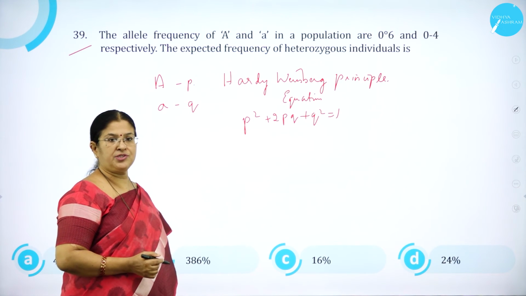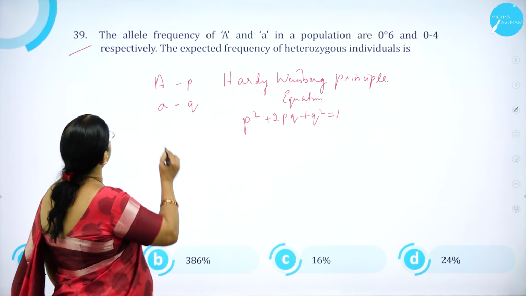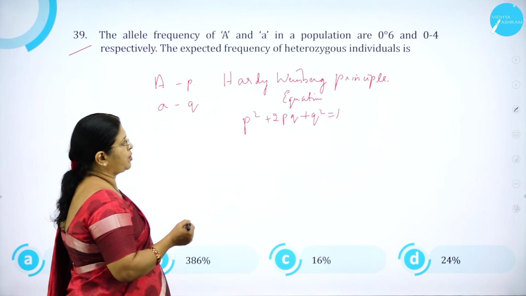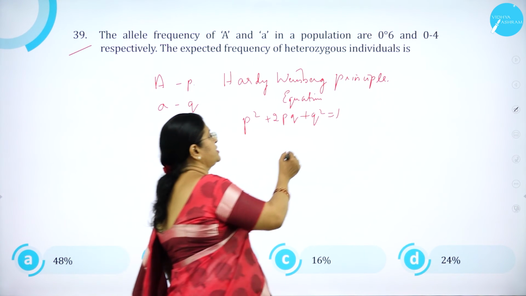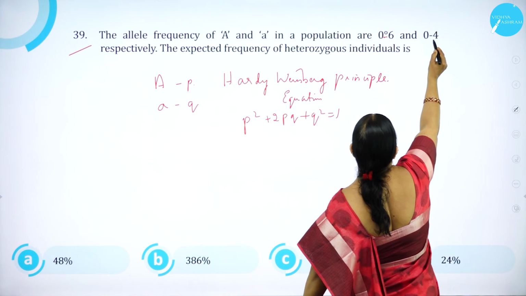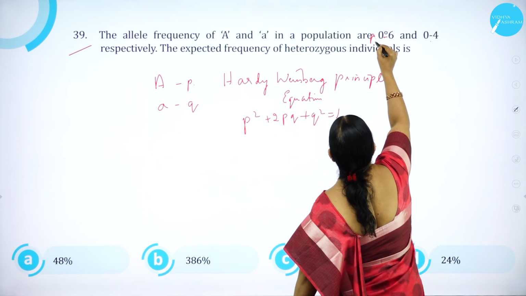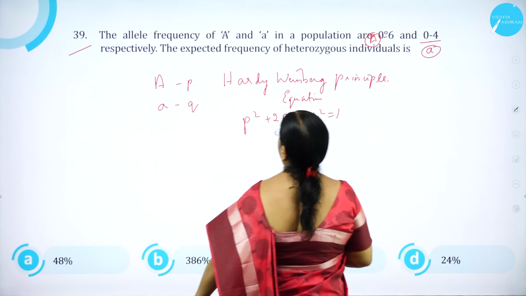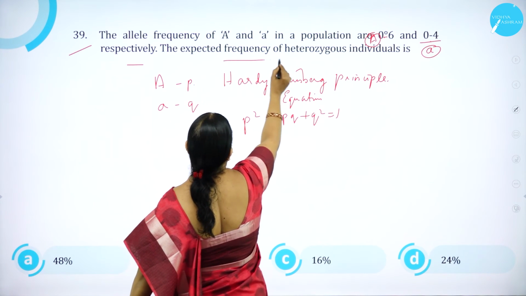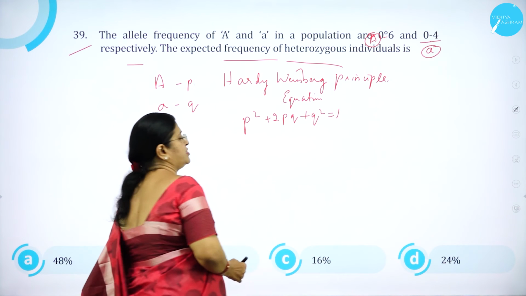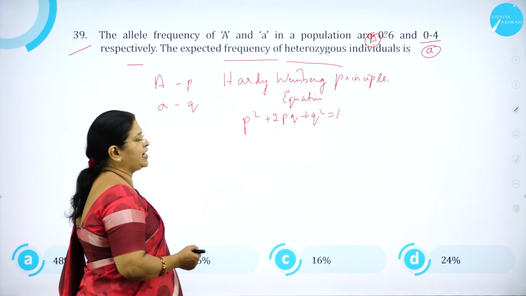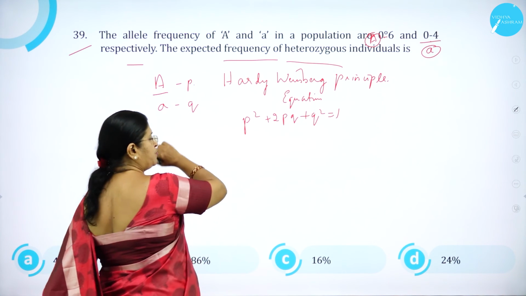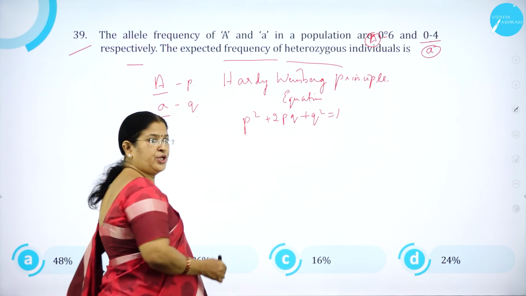So moving on to question number 39. The allele frequency of capital A and small a in a population are 0.6 and 0.4 respectively. The expected frequency of heterozygous individuals. This can be verified by the Hardy-Weinberg equation, where A is p and small a is q.